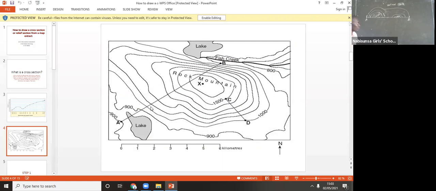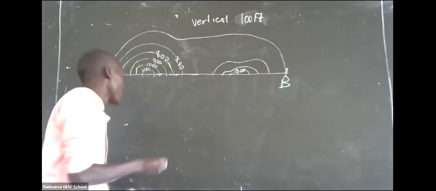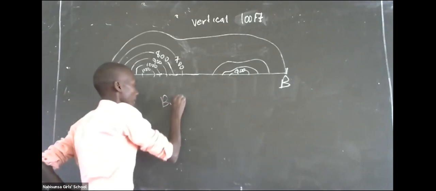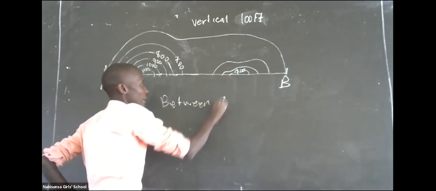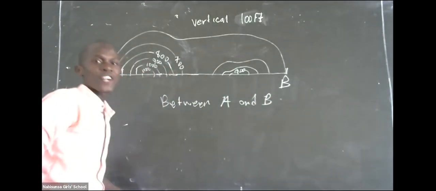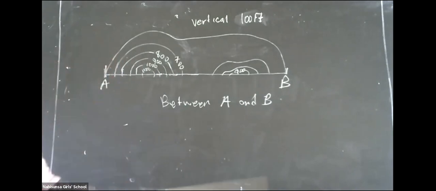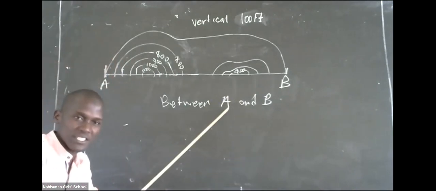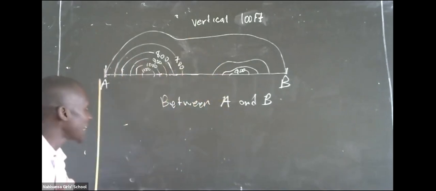People, listen. When they tell you draw a cross section between A and B, what they are trying to say is that the point which is mentioned first is supposed to be on your left hand side.